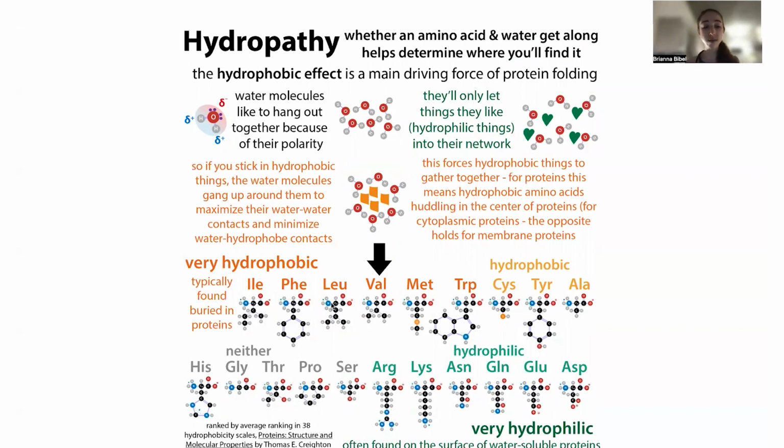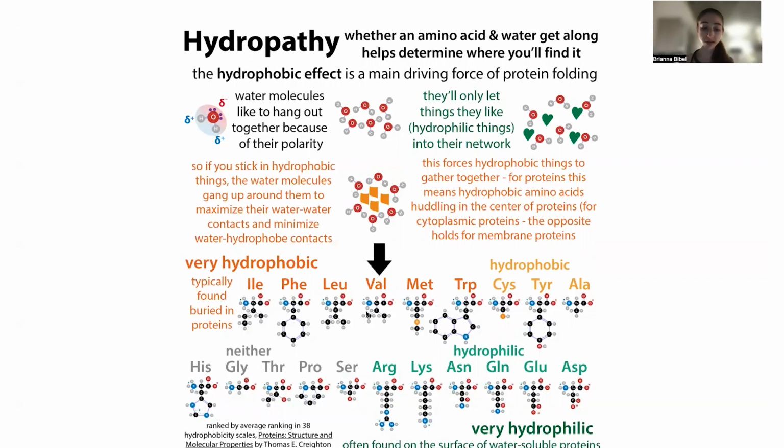You can see that it's one of the most hydrophobic ones. The other ones that are more hydrophobic have even more hydrocarbon groups. But valine is classified as very hydrophobic, and so you would not expect to find it on the surface of a protein. Now, what happens if it is on the surface of a protein?